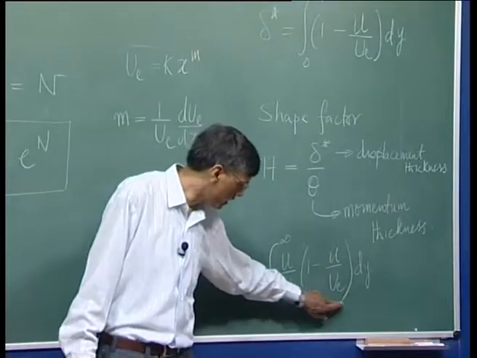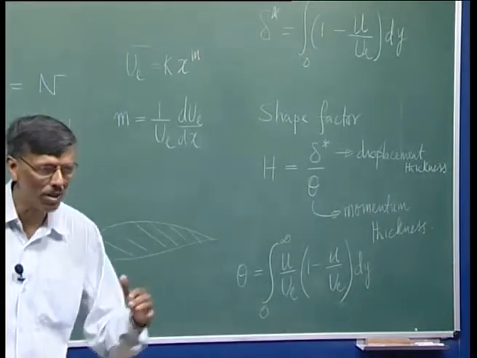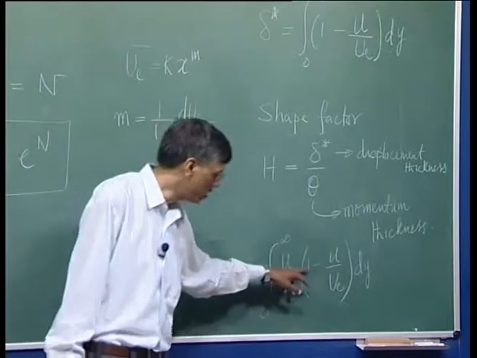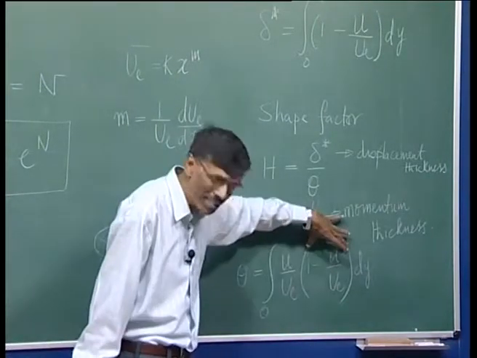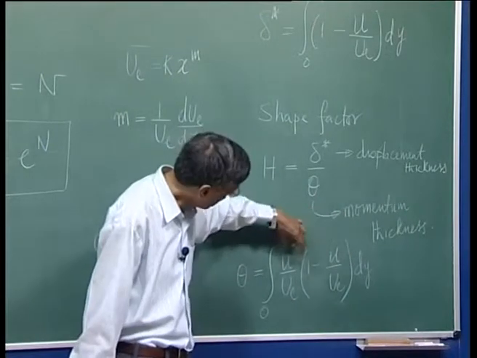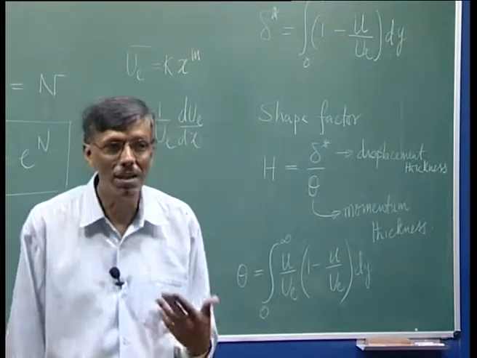Now, the second factor tells you the loss in this momentum because of viscous action. Ideally, it should have been 1, but it has come out to this. So, this is the kind of loss. This is the actual mass flow times loss, and that will tell you about the momentum deficit.